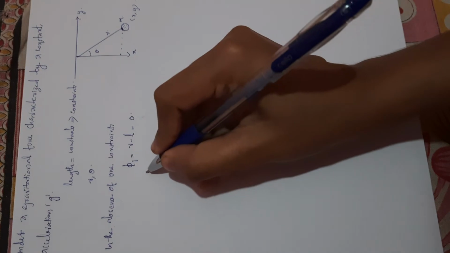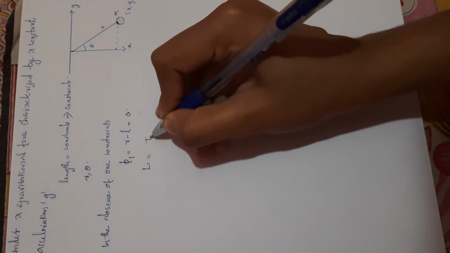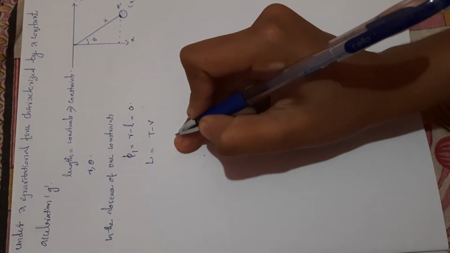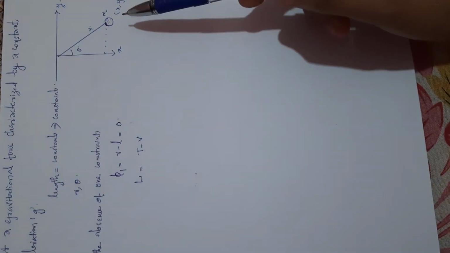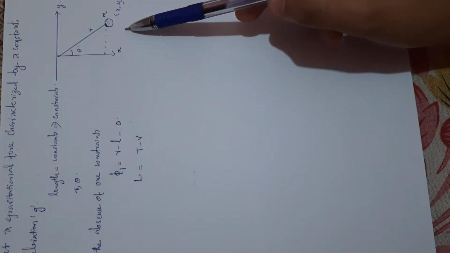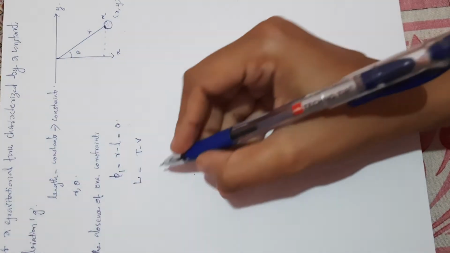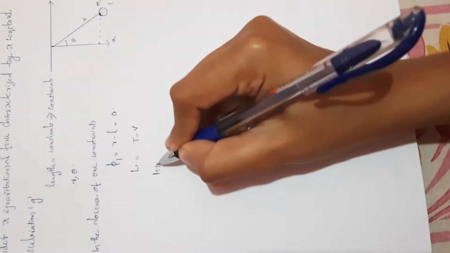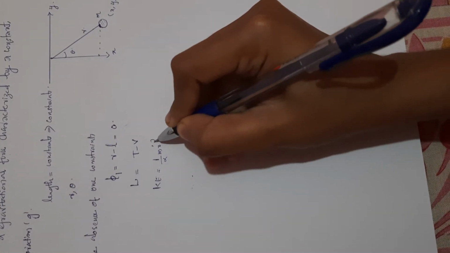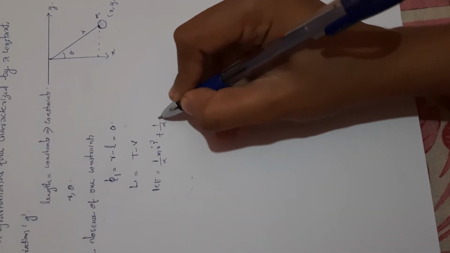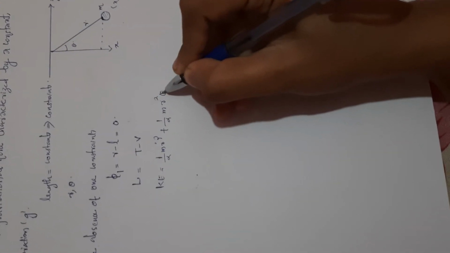Then we can write the Lagrangian L is equal to T minus V, that is, the kinetic energy minus the potential energy. Considering a right angle triangle, we can write the kinetic energy as half m r dot square plus half m r square theta dot square.